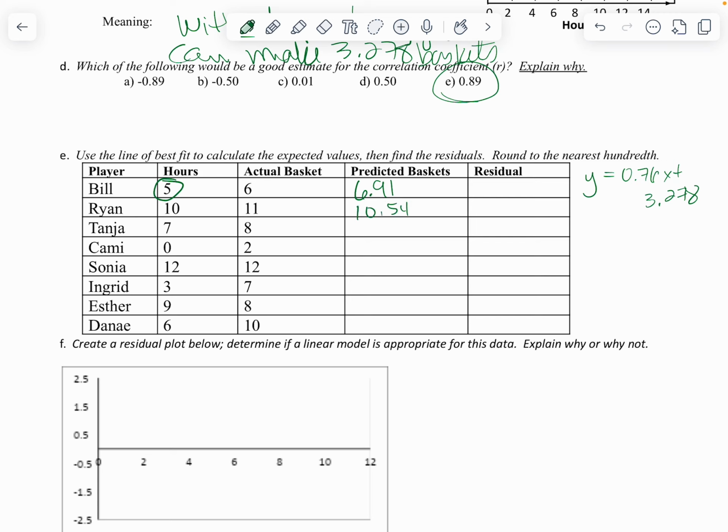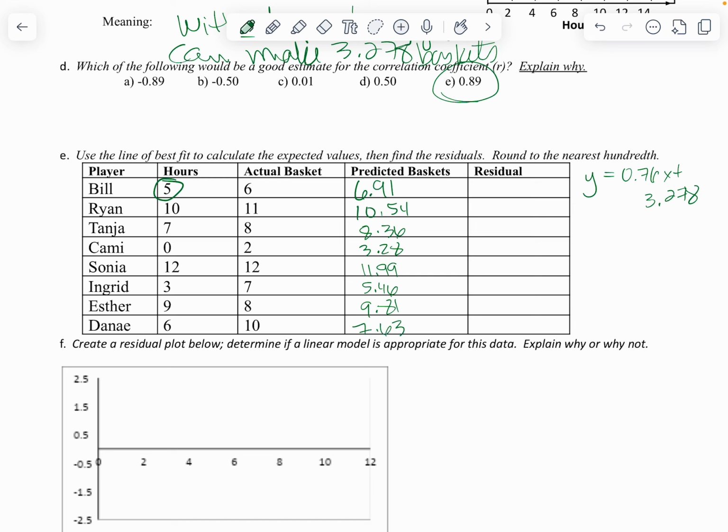If I plugged in 7, I would get 8.36. If I plugged in 0, obviously I would get the y-intercept. If I plugged in 12, I would get 11.99. If I plugged in 3, I would get 5.46. If I plugged in 9, I would get 9.81. And if I plugged in 6, I would get 7.63.